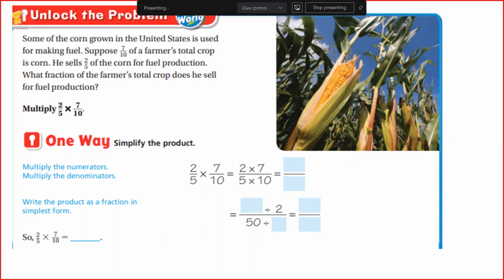Where's the whole number? There's none here. We have fractions. 7 out of 10 maybe. Why we didn't simplify 7 out of 10? Because there's no greatest common factor between 7 and 10. 7 is only divided by 7. And 10 is only divided by 5 and 2. So there's no common number.